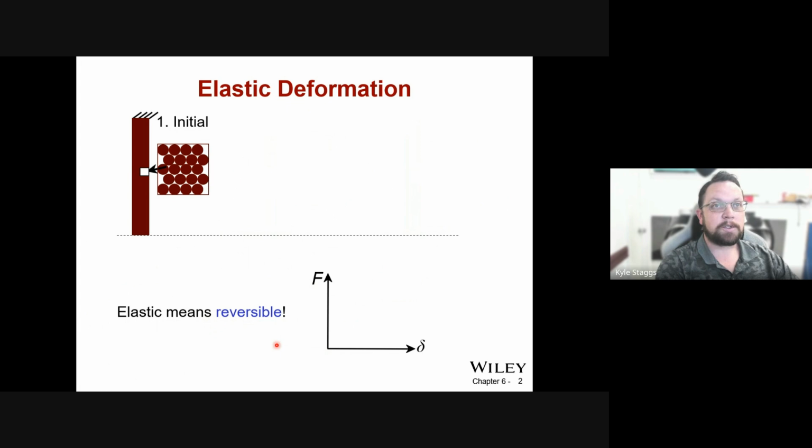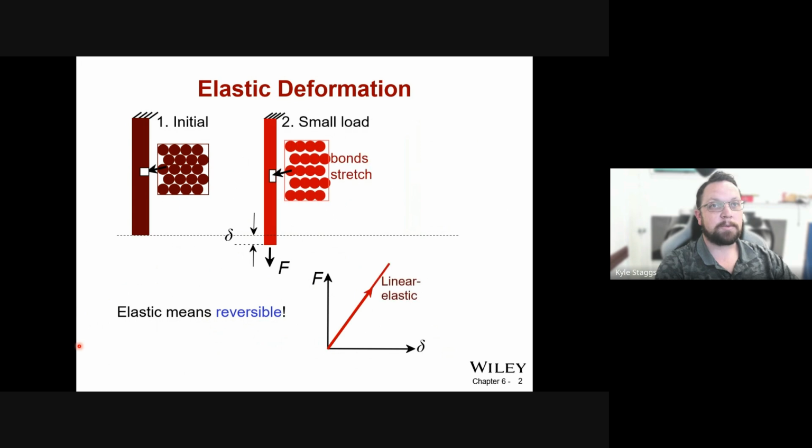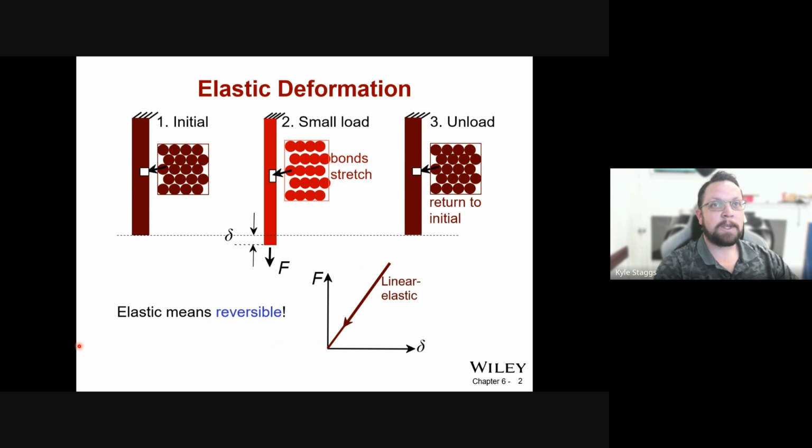So we start out with the force graph, and we come up and then back down the same line because it's reversible. So we go up as we stretch, and then we come back down as we return to the initial state. So we stretch and then shrink by that same amount, that same change in length.